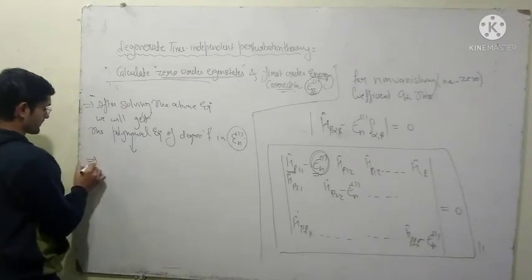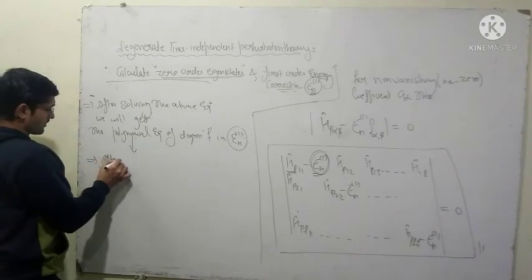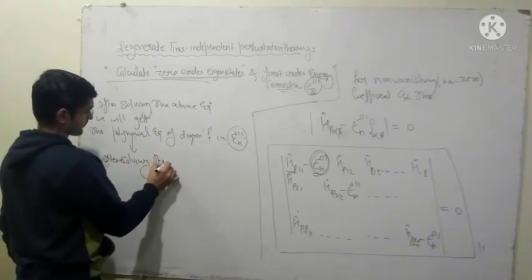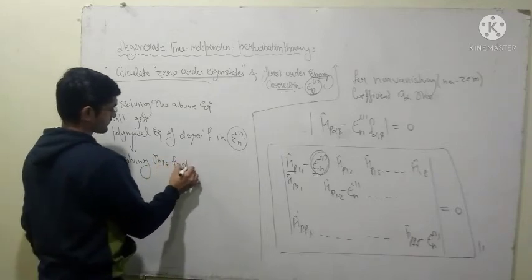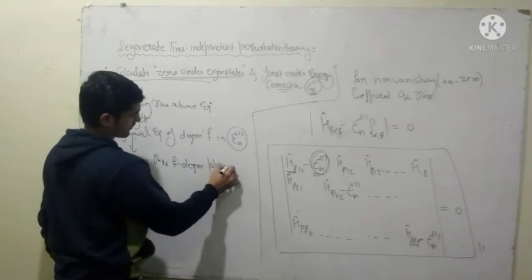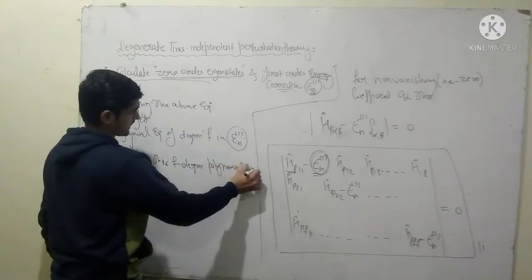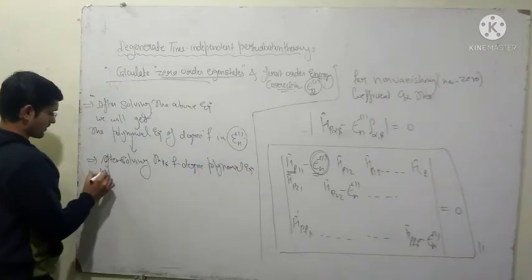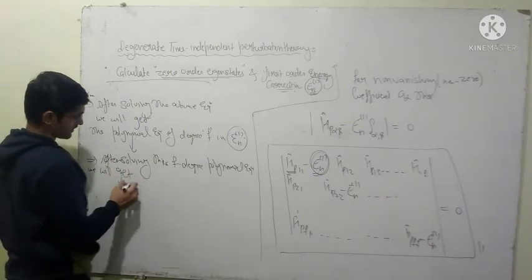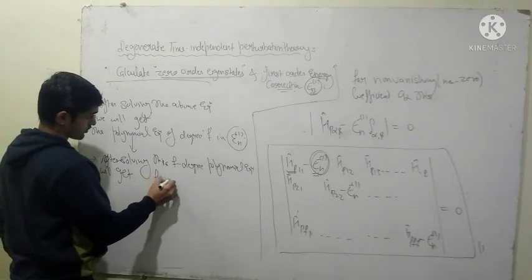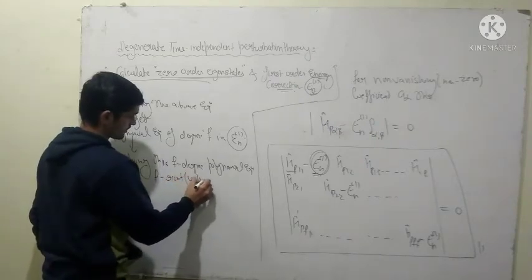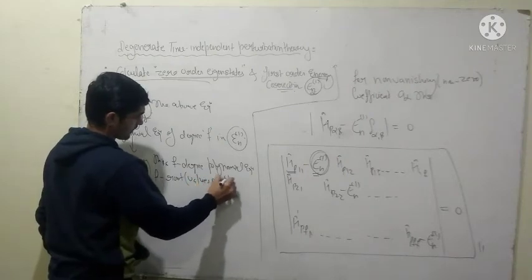So after solving this f degree polynomial equation, we will get f roots, right, which are the values of En1.